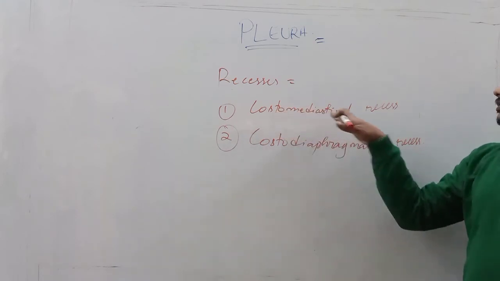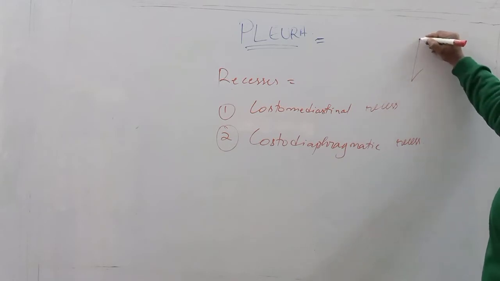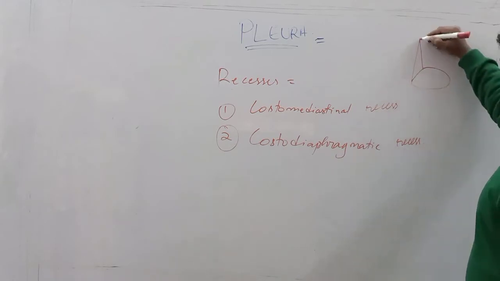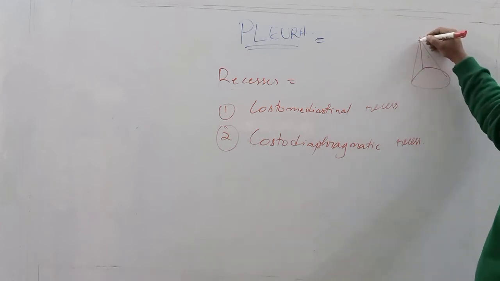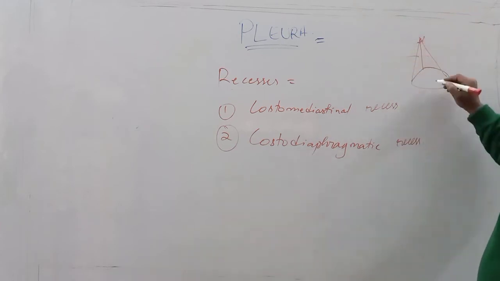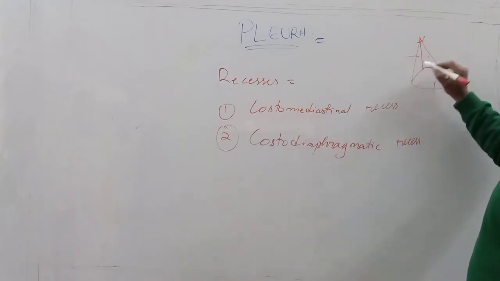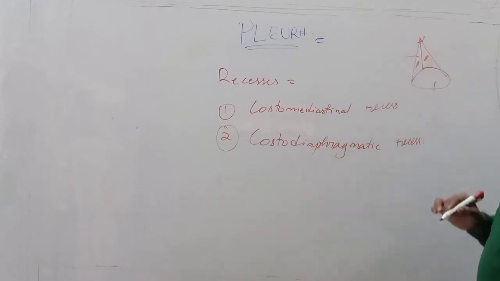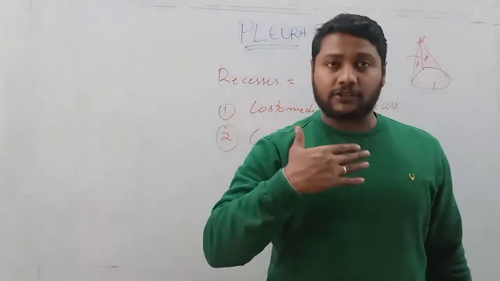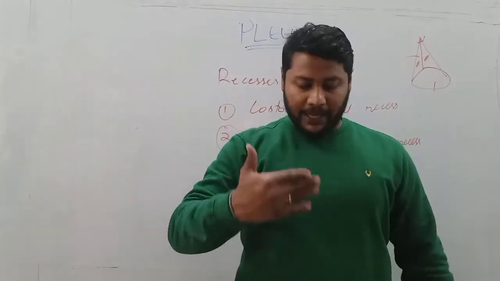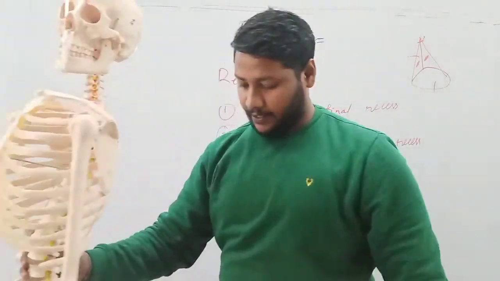Now this costomediastinal recess, as the name itself suggests, if I draw the same diagram, this was the costal pleura, the cervical pleura over here, the mediastinal pleura and the diaphragmatic pleura. This costomediastinal recess is present in between the costal and the mediastinal pleura. It is actually present on the anterior side, behind the sternum and the costal cartilages.